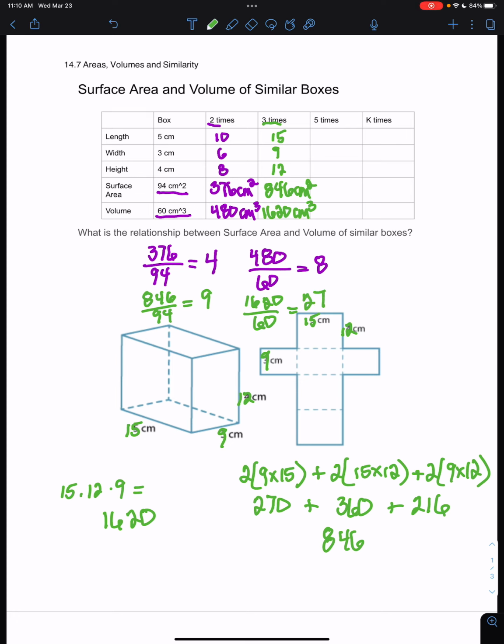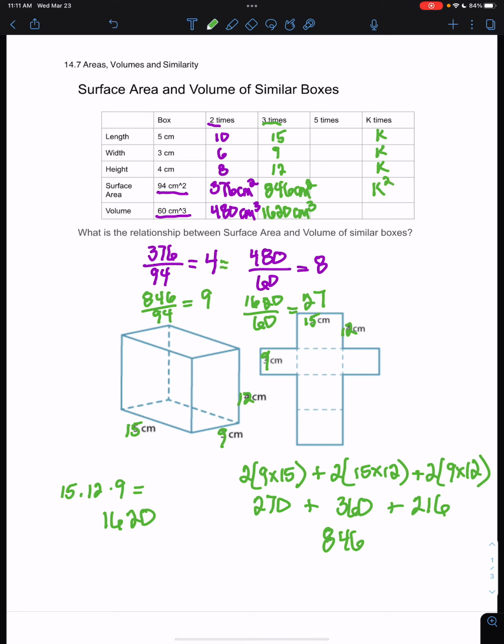Interesting. So, do we see a relationship? And if you know your squares and your cubes, you may see the relationship. So over here, instead of k times, we want to do k times the length, the width, and the height. But for surface area, instead of k times, we're doing k squared.